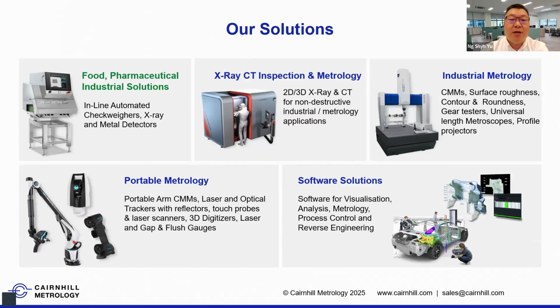So at CairnHill Metrology, our strength lies in offering a complete portfolio of solutions that meet a wide range of industrial requirements. For the food and pharmaceutical industry, we provide inline automated check weighers, X-ray systems, and metal detectors to ensure product safety and compliance. In industrial metrology, we offer CMM, surface roughness testers, contours and roundness machines, gear testers, and profile projectors.